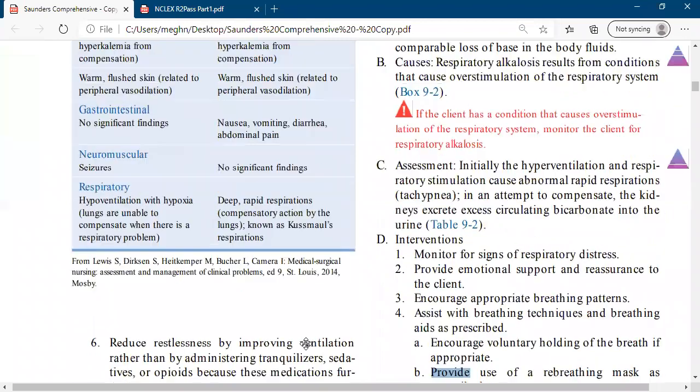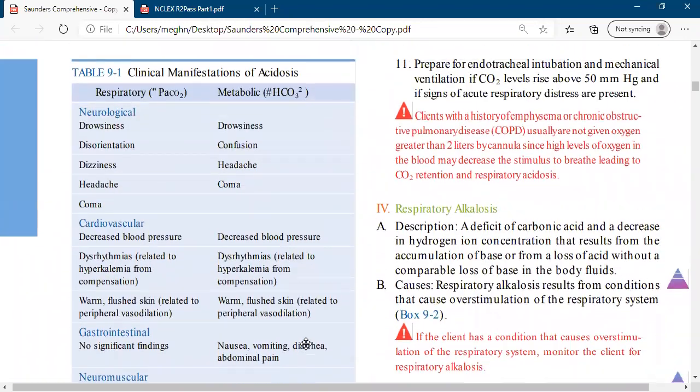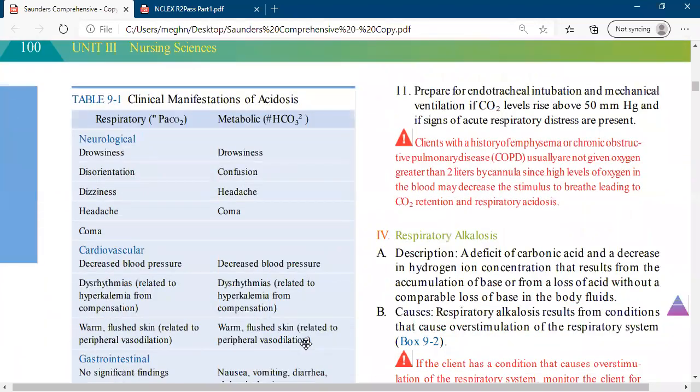Now go here, the red note, right, from the NCLEX book. So the client with a history of emphysema. Emphysema is a lung problem, a respiratory problem. Chronic obstructive pulmonary disease, COPD, is a lung problem.